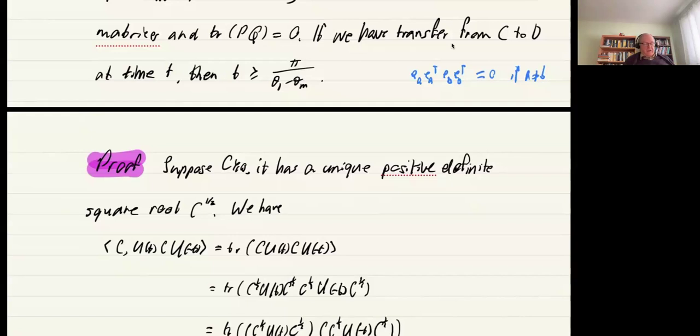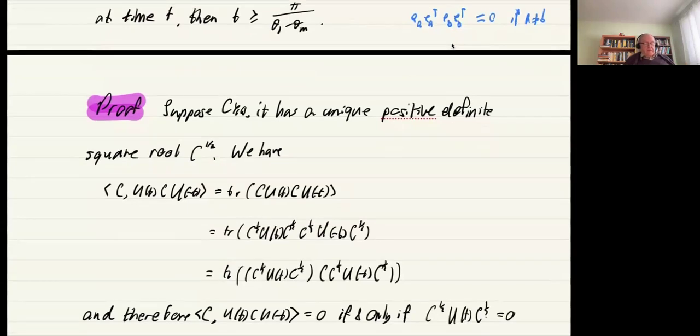Okay, and so we're going to denote it by C to the 1/2. Now, we're going to be assuming that this is going to be D, and so this is going to be 0. But we're not there yet. We're doing some preparation. Okay, so this part's going to turn into 0.